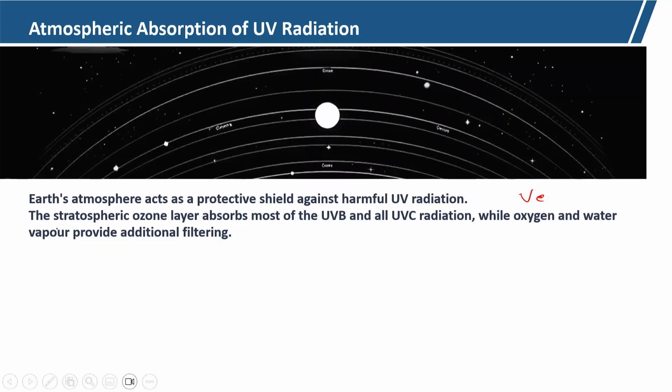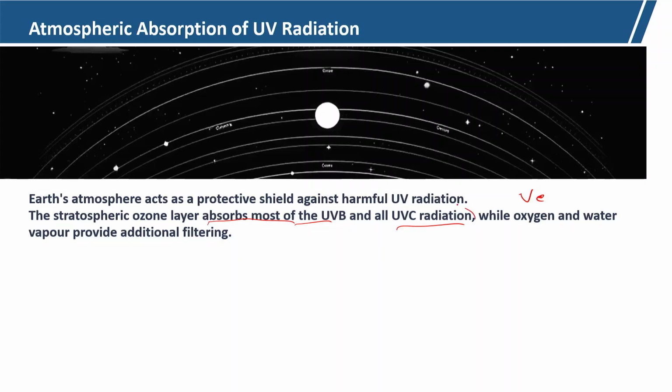The stratospheric ozone layer absorbs most of the UVB, at least 95% of UVB, and UVC. Basically, as the wavelength reduces, the radiation becomes more damaging.